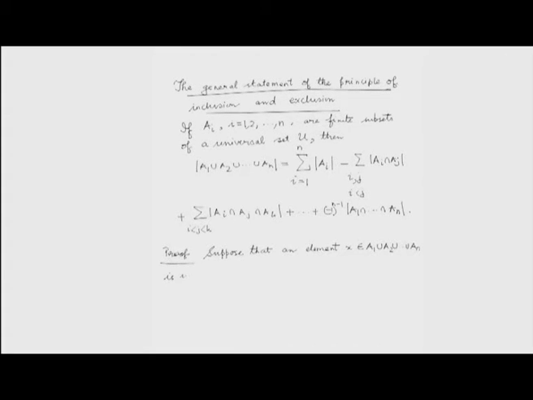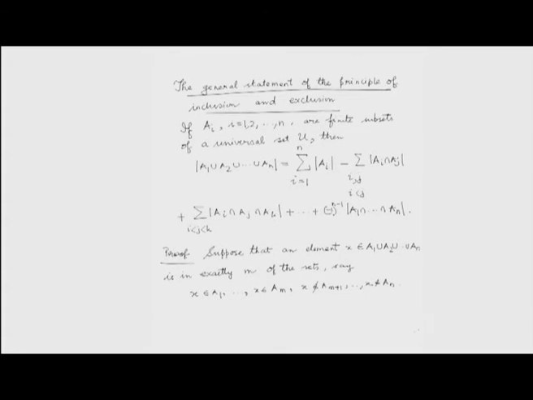Suppose x is in exactly m of the sets, say x belongs to A1 up to x belongs to Am, and x does not belong to A(m+1) up to x does not belong to An.